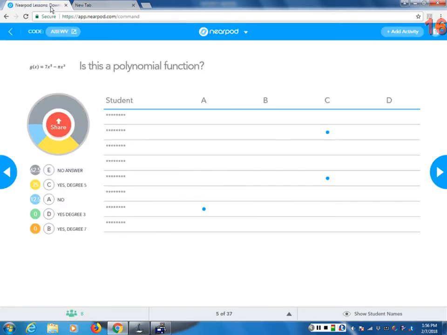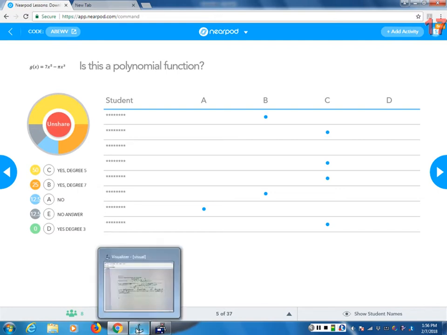Is this a polynomial function or not? Is 7x to the 5th minus pi x to the 3rd a polynomial function? Everybody should have answered that by now. So we're going to share it. You can see that's just a poll, so I have to tell you the answer, right?